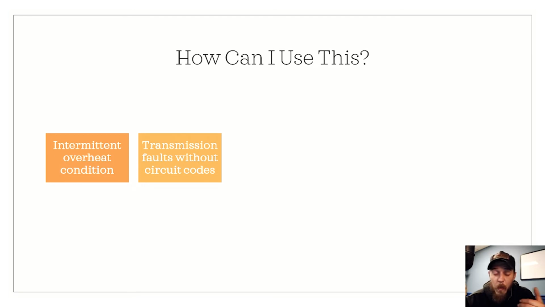Transmission faults with and without circuit codes. So I had a Silverado with a 6L80E transmission not that long ago that would shift fine all day long at elevated RPMs. You were rolling down the road. It was great. 1,500 RPM to 1,200 RPM. Torque converter lockup going down the highway. You'd have the old rumble strip torque converter fault.